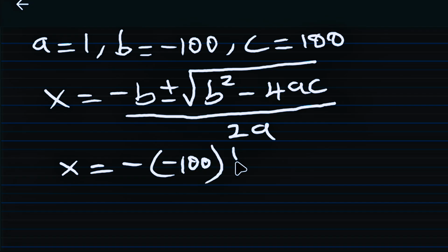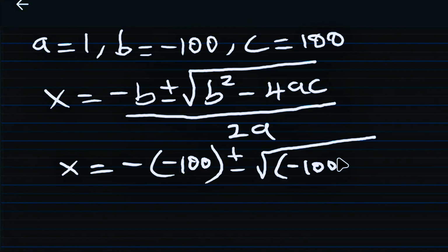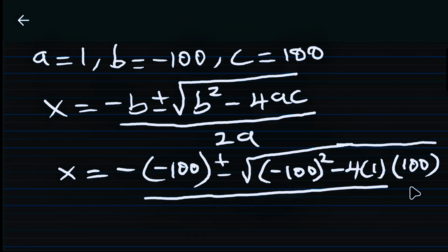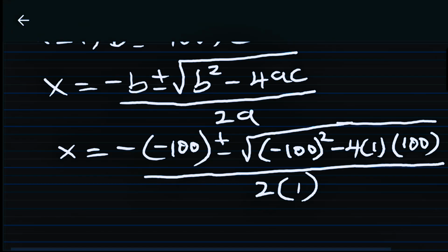Then plus or minus the square root of b, which is negative 100, so we open parenthesis and write negative 100, then everything squared, because b is squared here. Then minus 4, a is 1, so we have 1 here, then c equals positive 100, so we'll have 100 here. Then we'll divide everything by 2a, 2 multiplied by 1, because a equals 1.